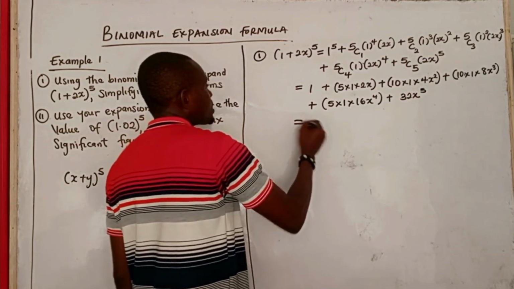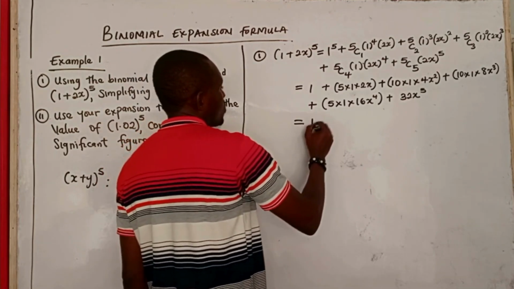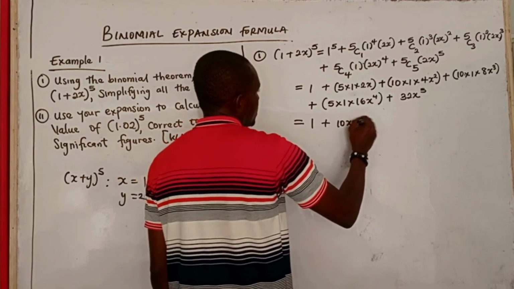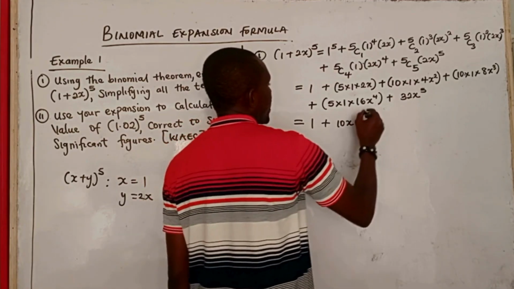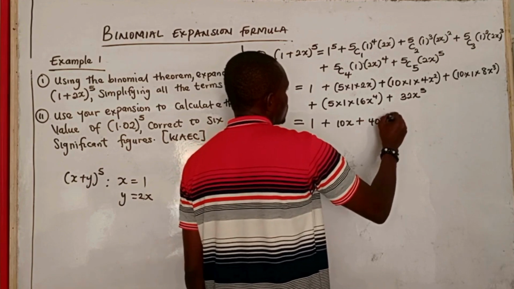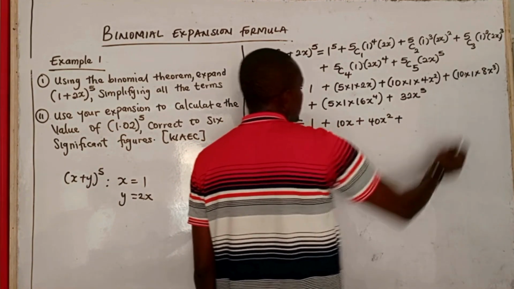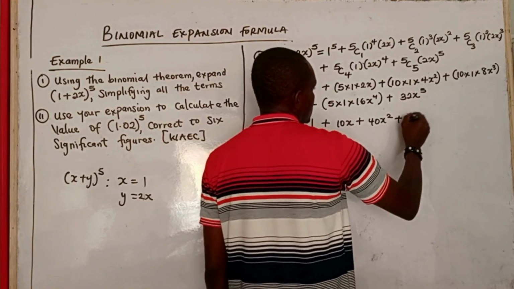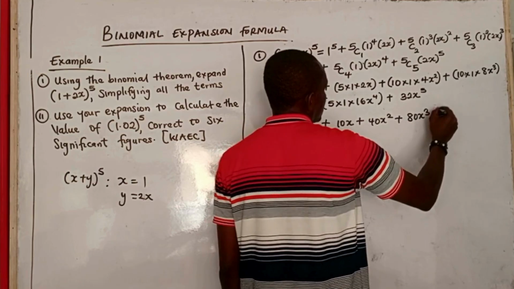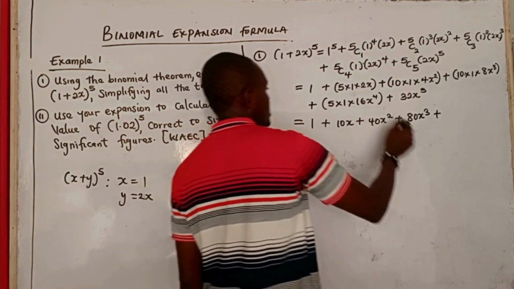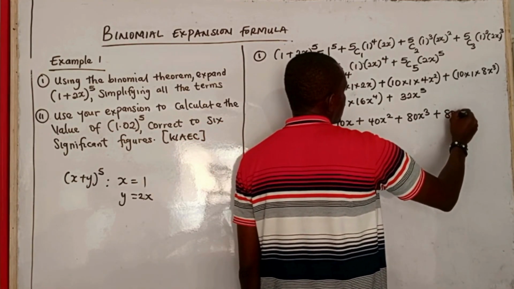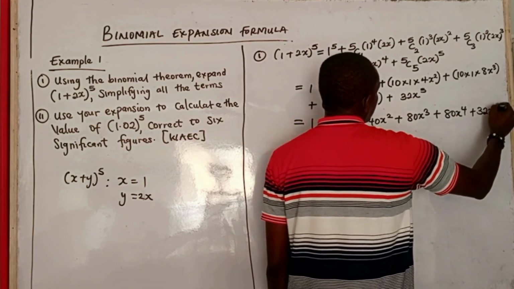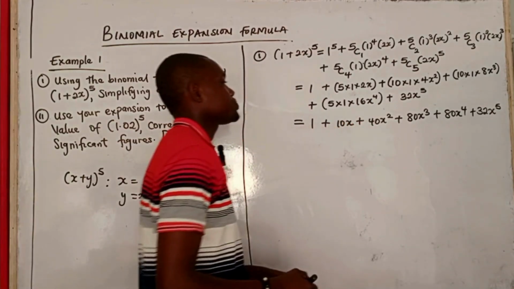So by the time we bring out everything, we are going to have 1 plus 5 times 1 times 2x, which is 10x, plus 5 times 1 times 4x squared, that is 20x squared, plus 10 times 1 times 8, that should give us 80x to the power of 3, plus 5 times 1 times 16, that will give us 80x to the power of 4, then plus 32x to the power of 5.